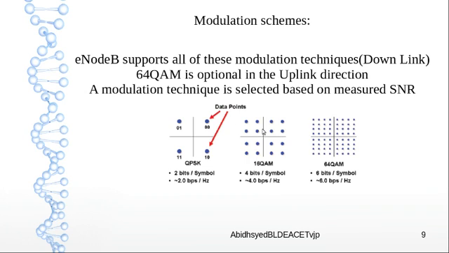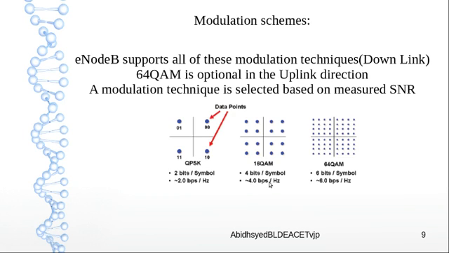Four, four, eight, twelve, sixteen: 16 QAM. Similarly here you have 4 bits per symbol combination, so all these 4 bits together represent a particular symbol. Obviously, if you combine more bits, the data rate increases. Here only 2 bits are combined; with 4 bits combined the data rate increases.